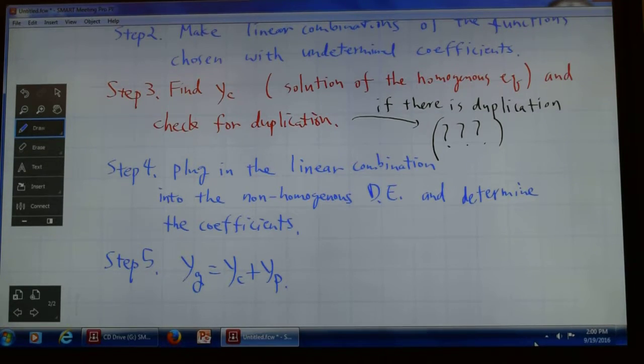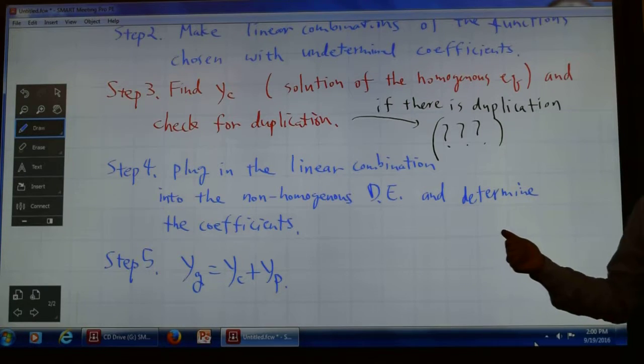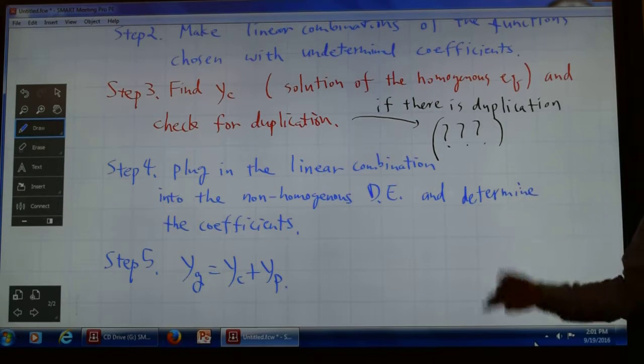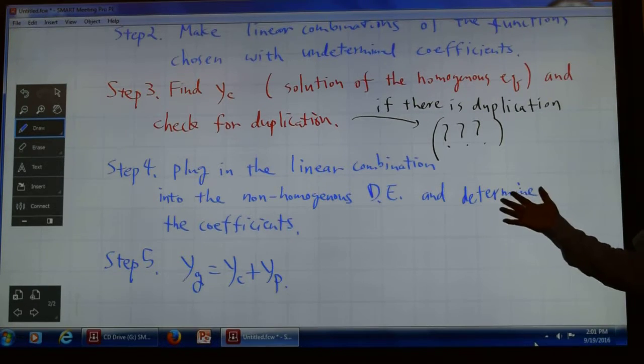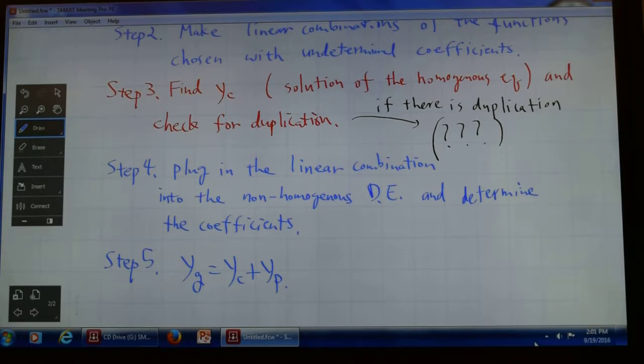actually, that's a great question. This method of undetermined coefficients will only work with exponential functions, sine, cosine, and polynomials, and some products of them. But beyond those, you can't use it. So for example, if you had e to the x squared on the right side, then tough luck, you're not going to be able to use this method.